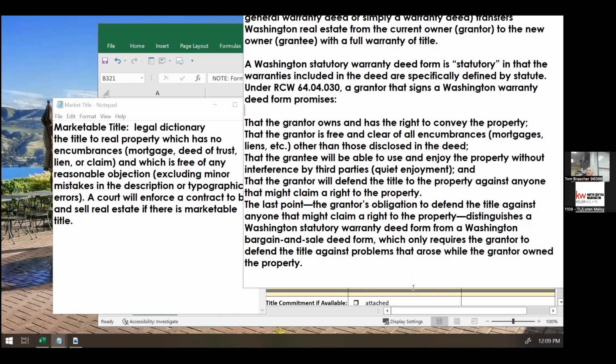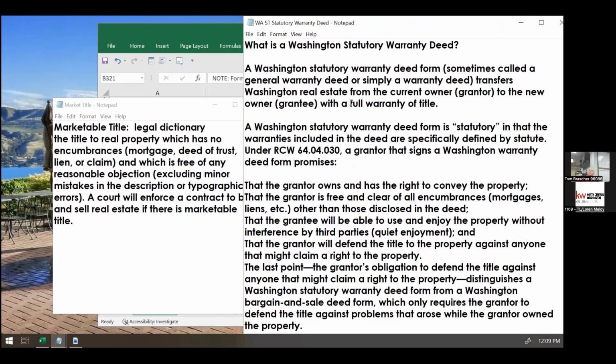Another area that I'm going to include in the minutes is what a Washington State statutory warranty deed is. The Washington statutory warranty deed form, sometimes called a general warranty deed or simply a warranty deed, transfers Washington real estate from the current owner, the grantor, to the new owner, the grantee, with full warranty of title.